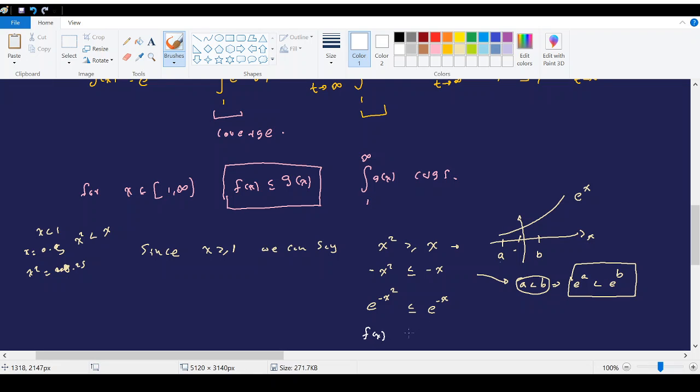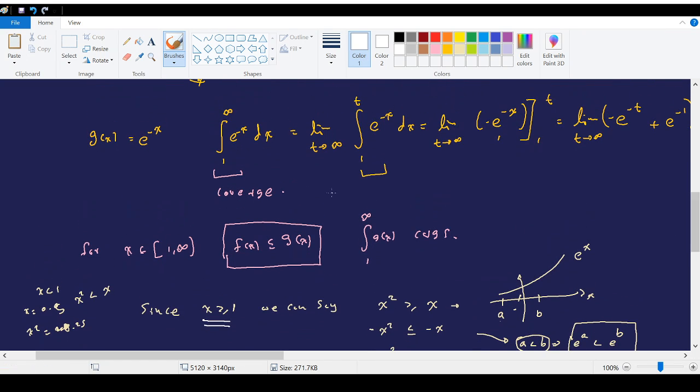f(x), and here we have the new function that we introduced. So for x values greater than or equal to 1, that is within this range, we have this relationship. And we proved that the integral of g(x) from 1 to infinity converges.